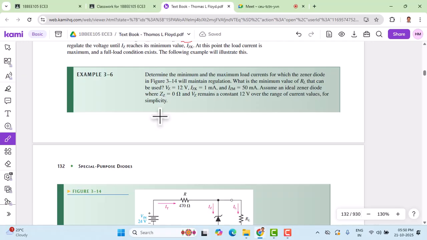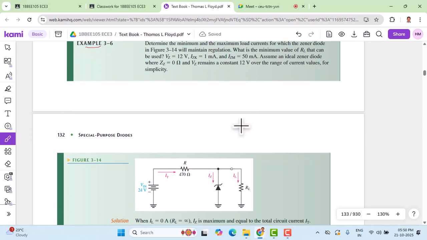Let me read out this example. In example 3.6, we have to determine the minimum and maximum load currents for which the Zener diode in figure 3.14 will maintain regulation.